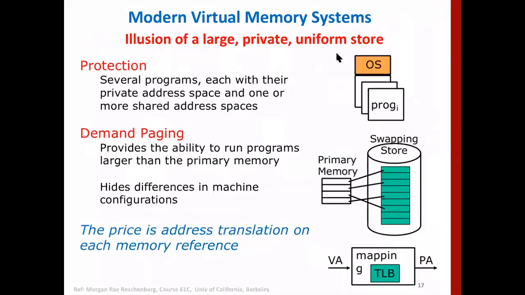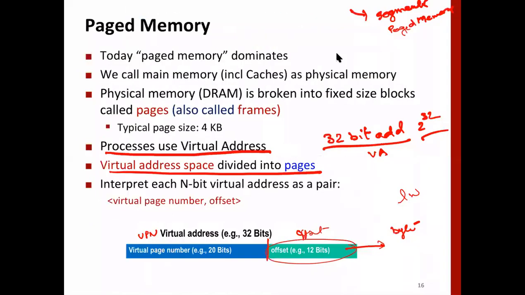So using a translator, such as a page table, we convert the virtual page number into a physical page number, and we just take the same offset, and then we have the actual address in physical memory.